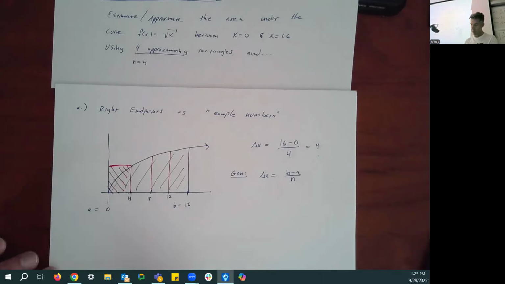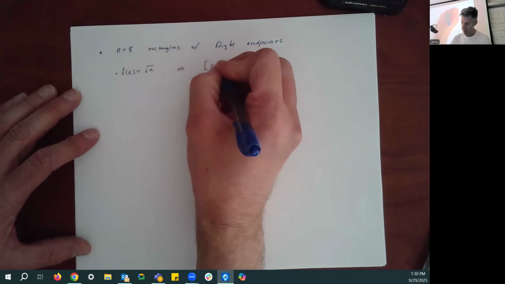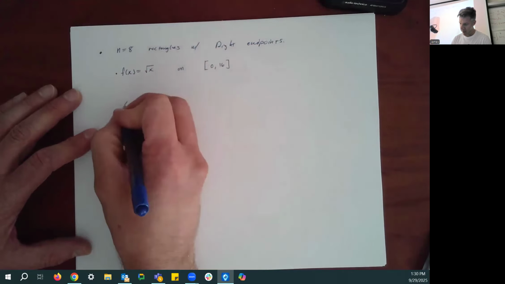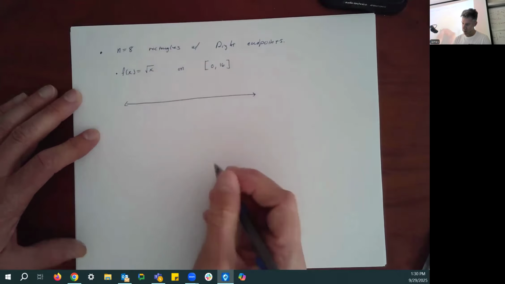Yes, we can draw a picture, but really the important part is knowing what values you're plugging into your function. I'll remind us our function is the square root of x, and we're on the interval from 0 to 16. I'm just going to draw the interval part because that's really what's helpful to me.